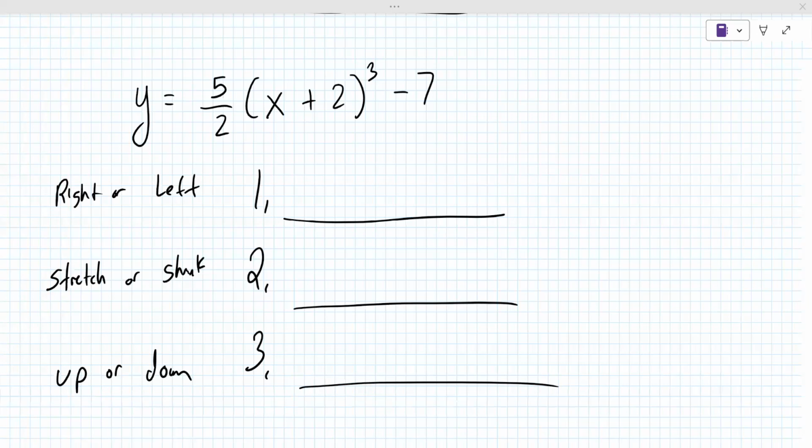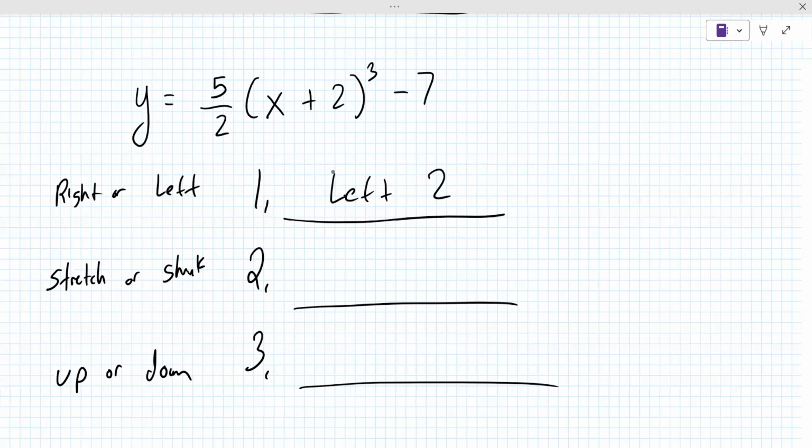Sourish, do you have some answers for me? Yep, I know what it is. So that plus 2 right there is a left 2. Okay, keep going. And for 5/2, that is a shrink. Why is it a shrink?